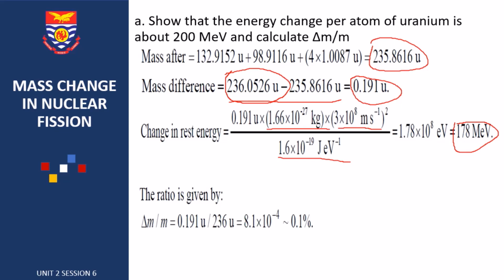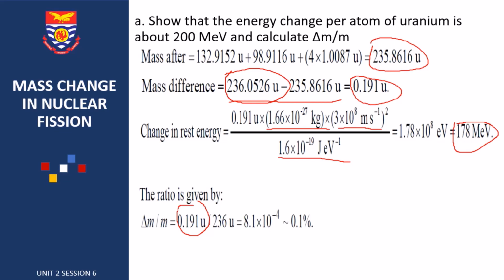We are to also calculate the change in mass per mass. So the change in mass of the reaction, we calculated it to be 0.191 U, and the mass of uranium is 236.